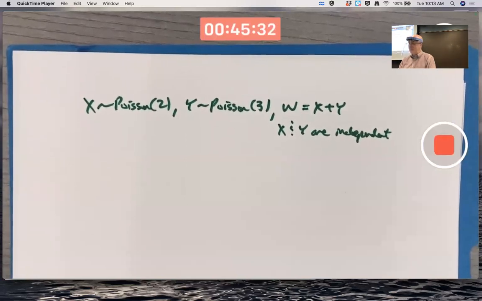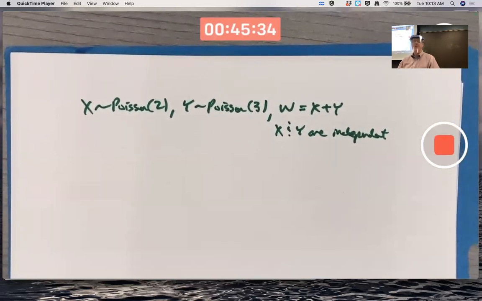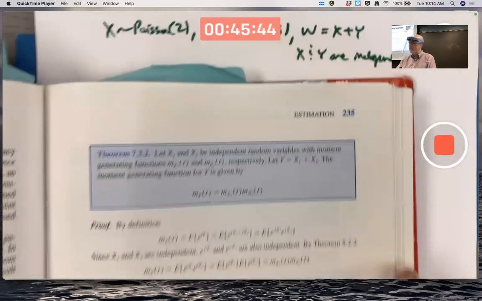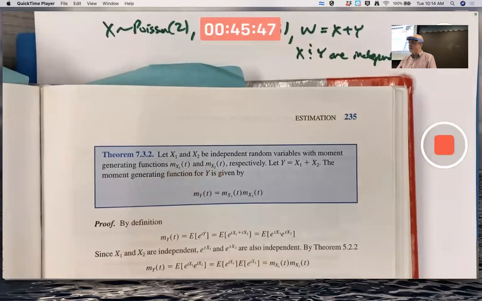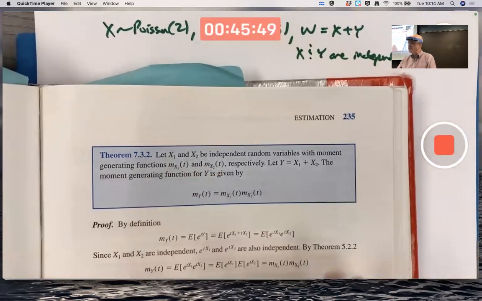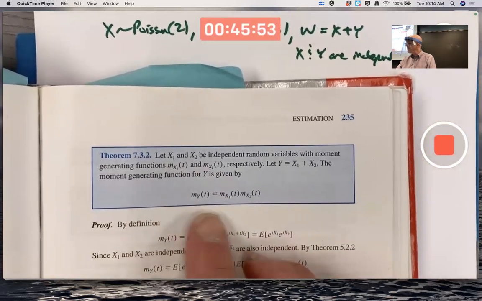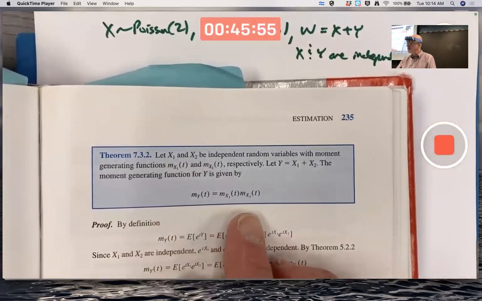Anyway, let's use the moment generating function approach based on, again, the fingerprint theorem and this theorem, chapter 7. X1 and X2 are independent random variables with known moment generating functions, and Y is their sum. Then the moment generating function for Y is the product, not the sum, the product of the moment generating functions for the variables that you're adding.